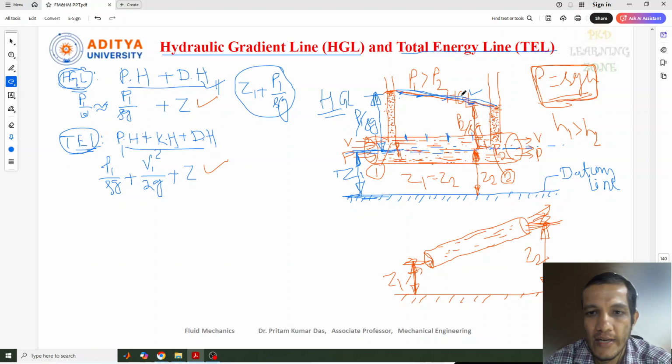Now let's come to the TEL, which means total energy line. In the total energy line, we need to consider the velocity head. When there is fluid flow, the fluid is flowing with some velocity.